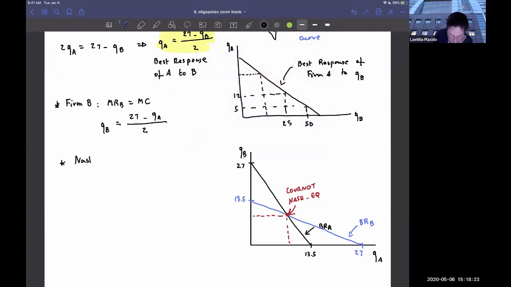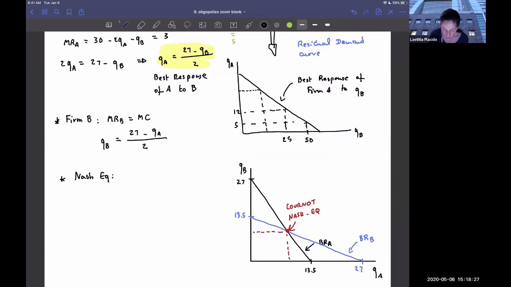So basically, we want to solve a system of two equations here. Let's start with this equation, and I'm going to plug the value of QB into that equation.